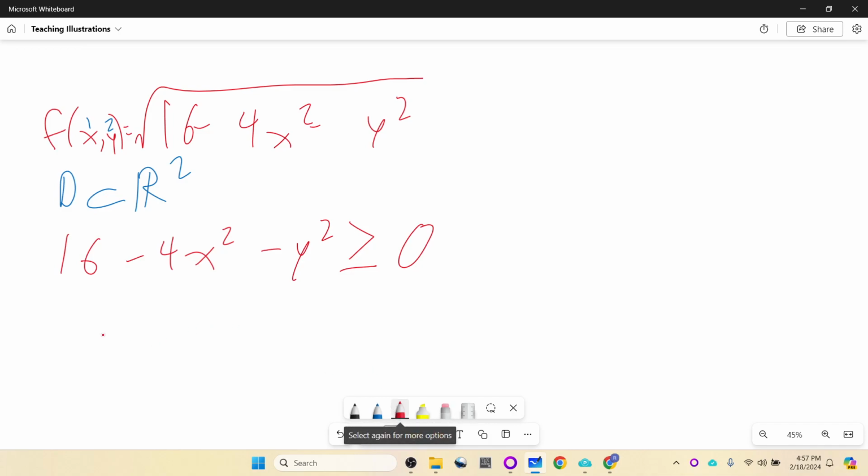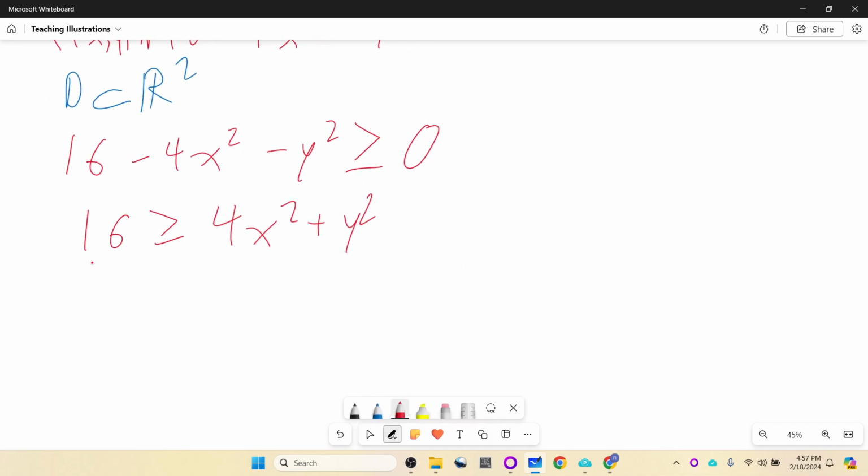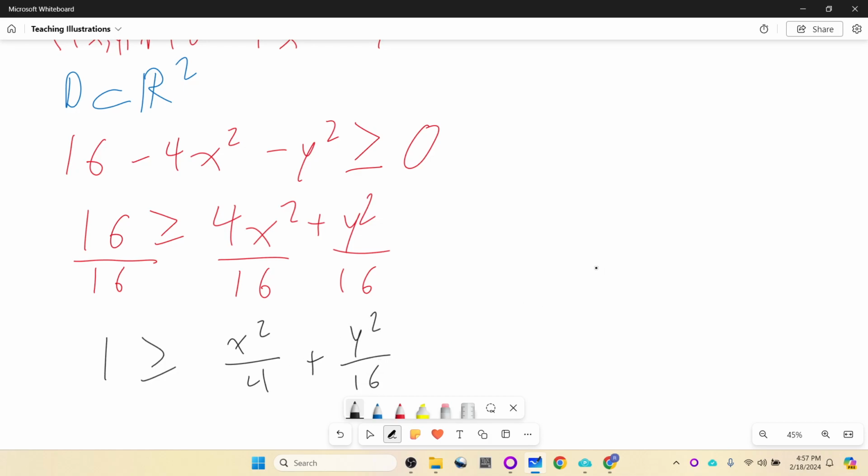All right, so let's solve this out. This becomes 16 greater than or equal to 4x squared plus y squared. I'm going to divide out the 16 because this is looking like one of our conic sections. We get 1 is greater than or equal to x squared over 4 plus y squared over 16.